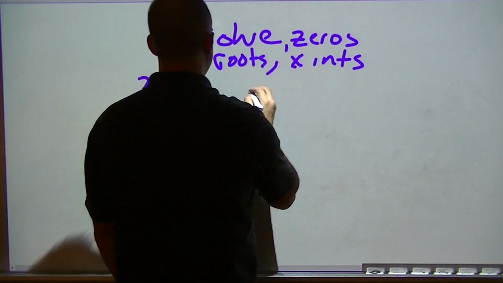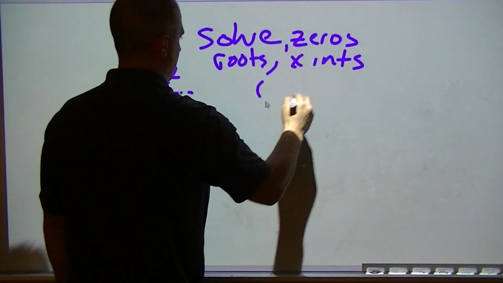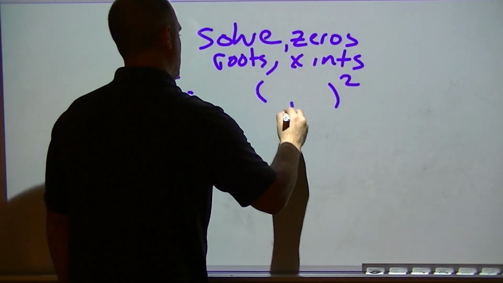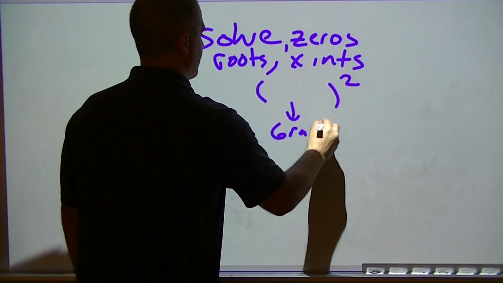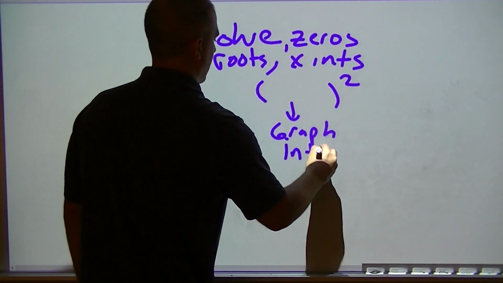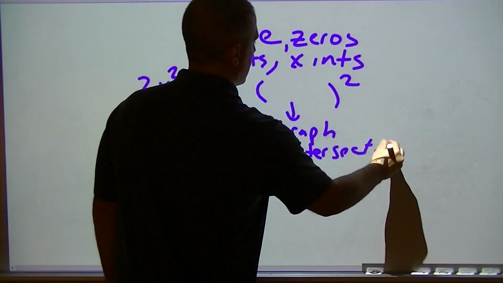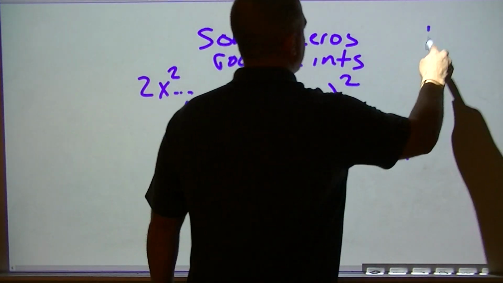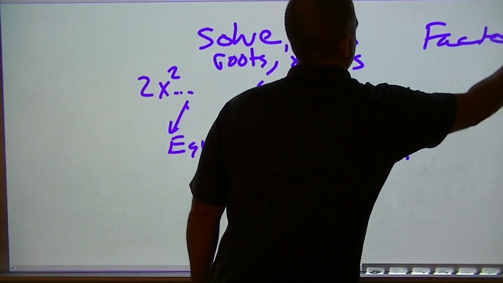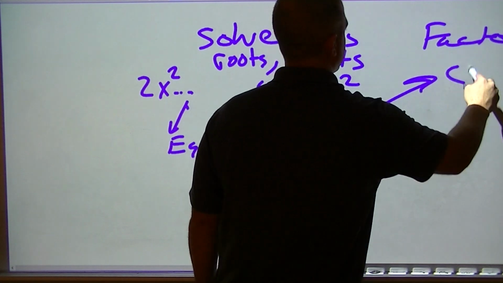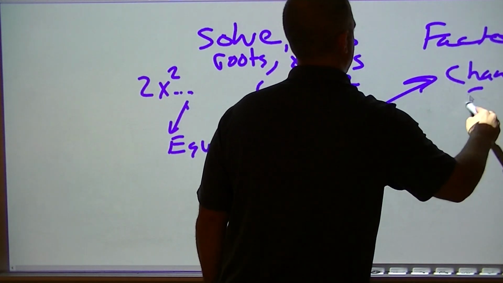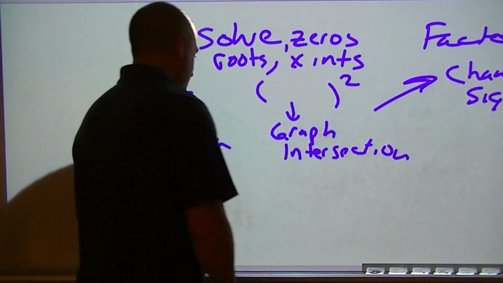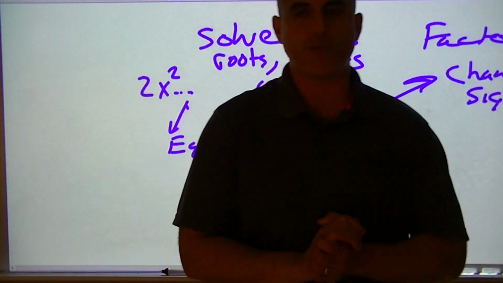If it is a parenthesis problem, we're going to graph it and find the intersection. We have to understand that, so anytime they say solve, it doesn't matter the method. If they ask for factors, the big thing is we have to change the sign. Alright? And if you understand that, you should be fine. Just practice that a little bit.